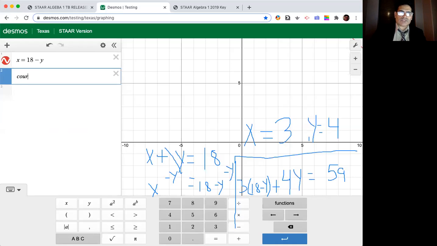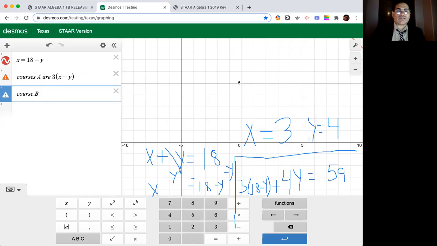So courses A, the 3 credit courses, are 3 credits multiplied by 18 minus y, right?